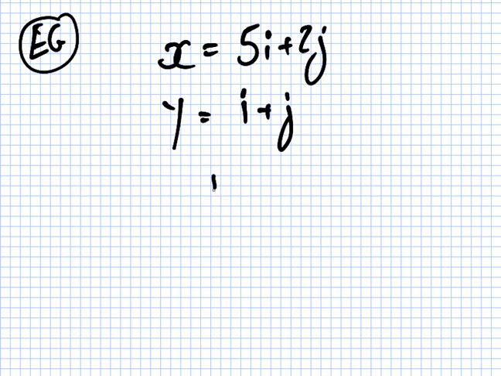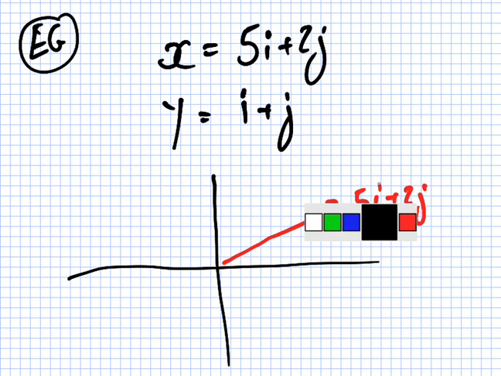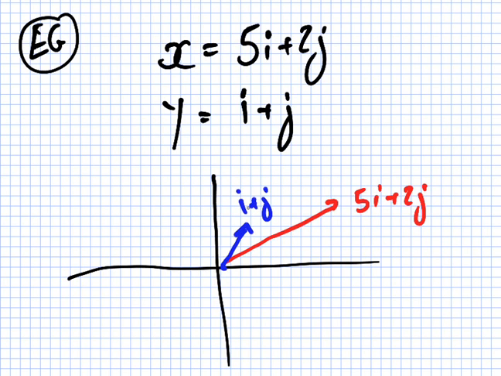If I quickly draw that, just roughly 1, 2, 3, 4, 5, 1, 2. So that could be 5i plus 2j, and then the other one here, something like that. There's i plus j, very, very rough.